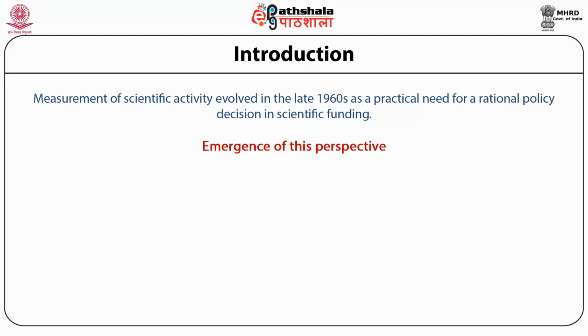This started putting pressure on the S&T system during this period, and it was also felt that some interventions had to be done so that a proper mechanism, or one can say control, could be put in place externally so that desirable scientific activity and outcome could be achieved.